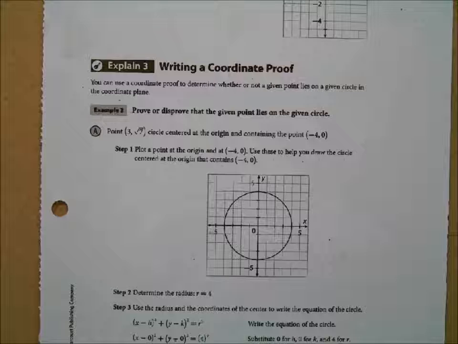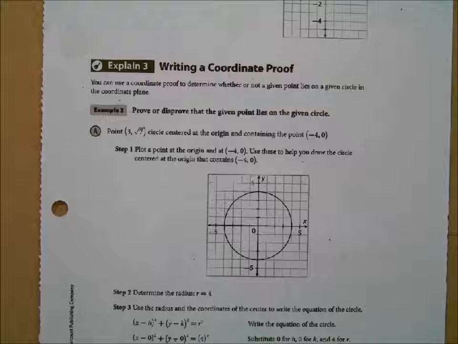And what's our k? 0 from that point there. And then what's r? 3, right? We just figured that out too. So x minus -1 becomes x plus 1. y minus 0 is just y squared. 3 squared is 9. So we have the equation x plus 1 quantity squared plus y squared equals 9.